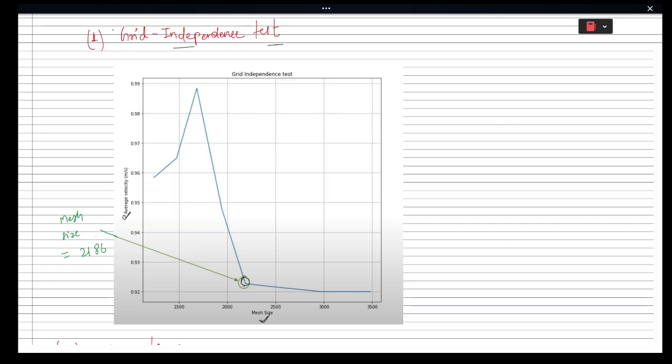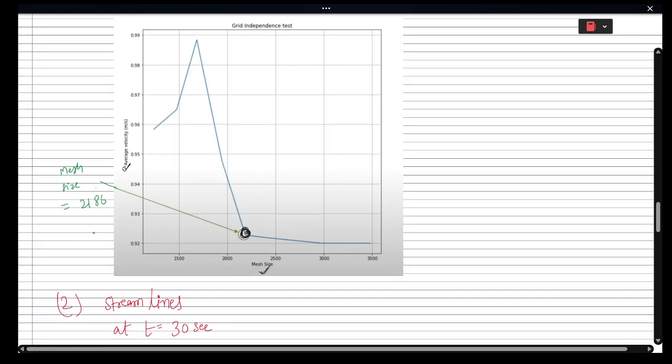This point where the result becomes constant is called the grid independent size. We select this size for our simulations because it gives accurate results without making the simulation unnecessarily complex. Here we found that the mesh size is 2186.